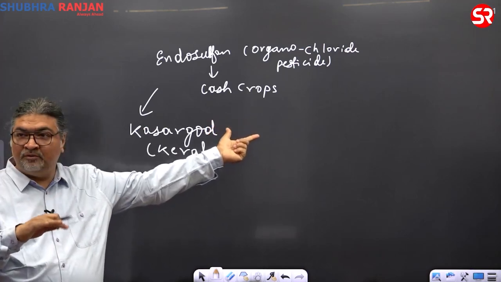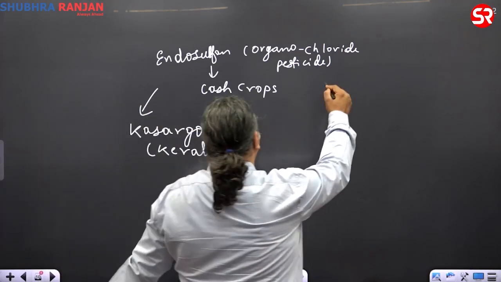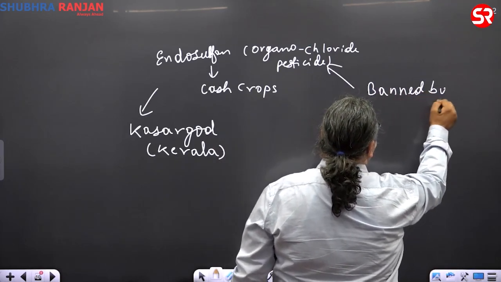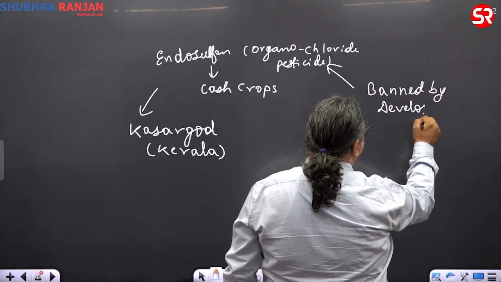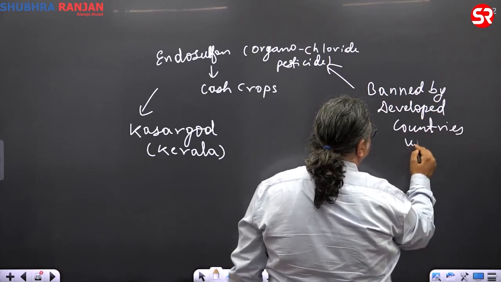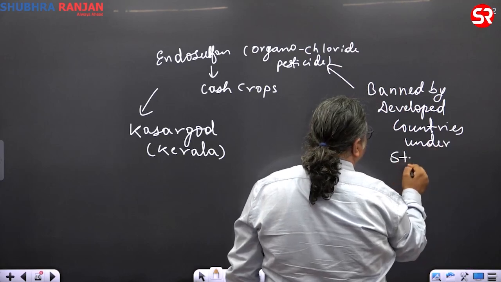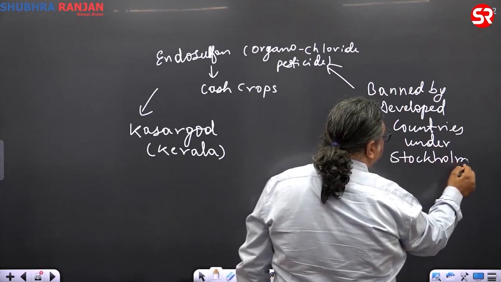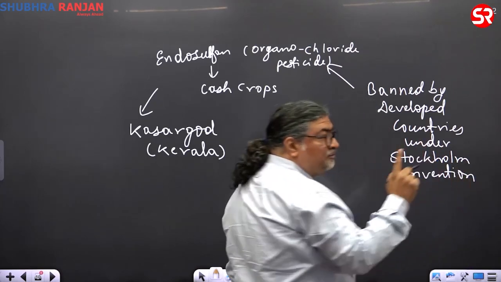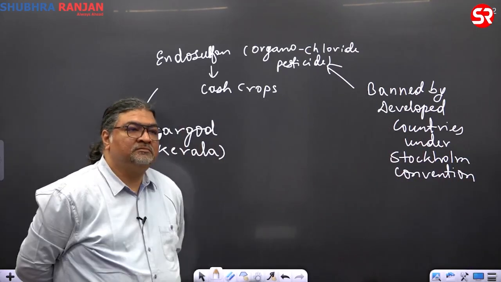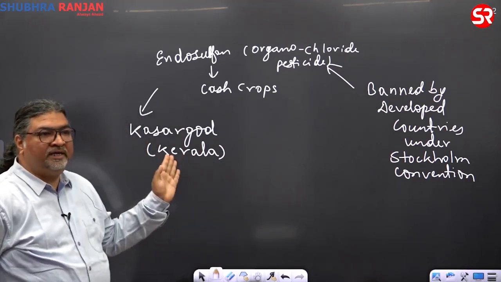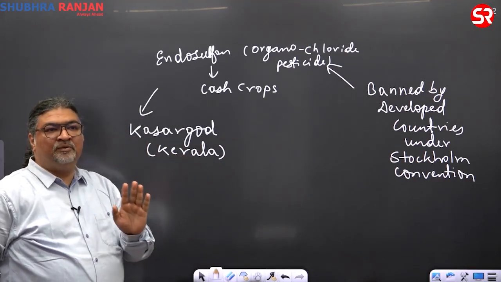So we are still looking for one. But it has been banned, and today no developed countries in the world are using this endosulfan, except developing countries. So why have I given you this example? To show the negative impact of the pesticide.